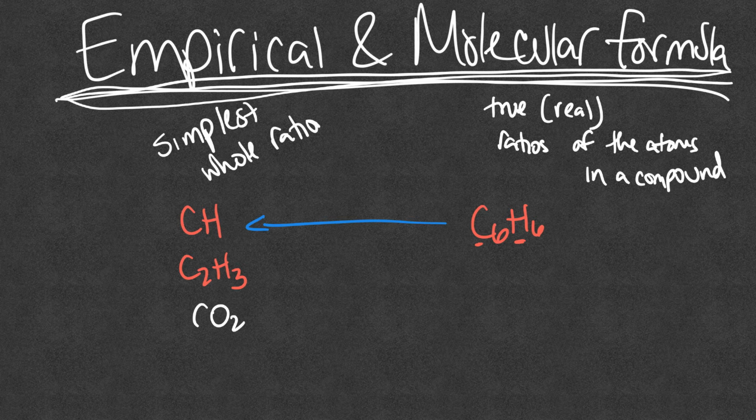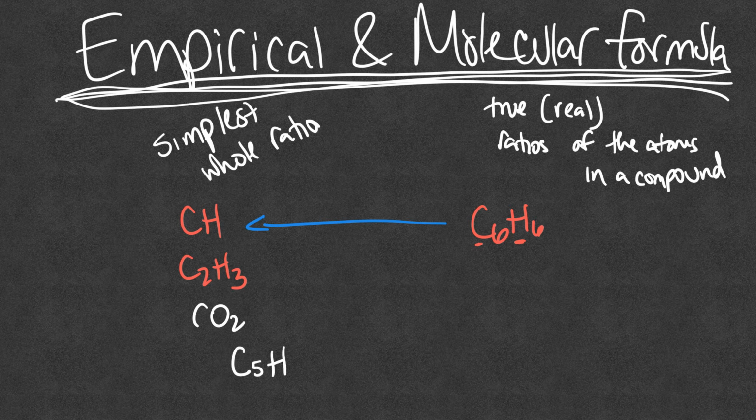Here's another example. C5H10O5, this is your sugar ribose. This is the molecular formula for ribose.